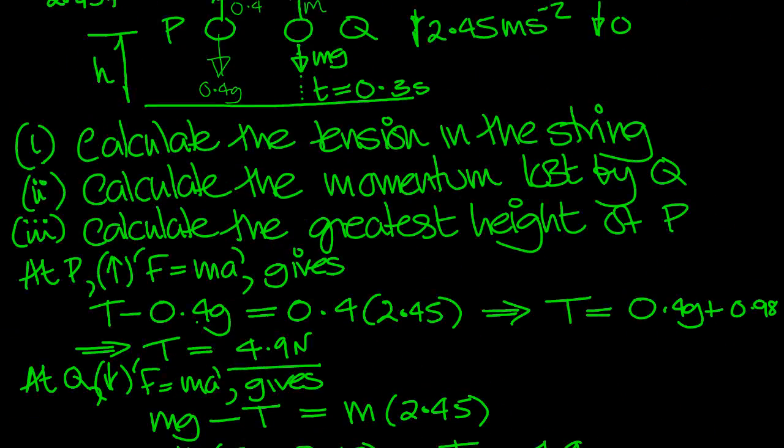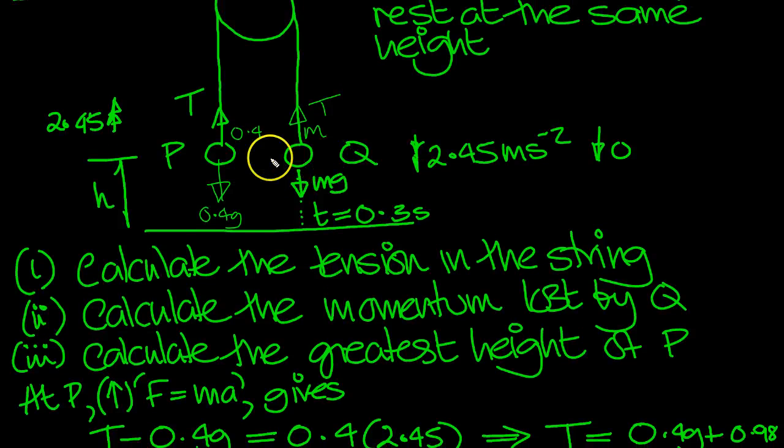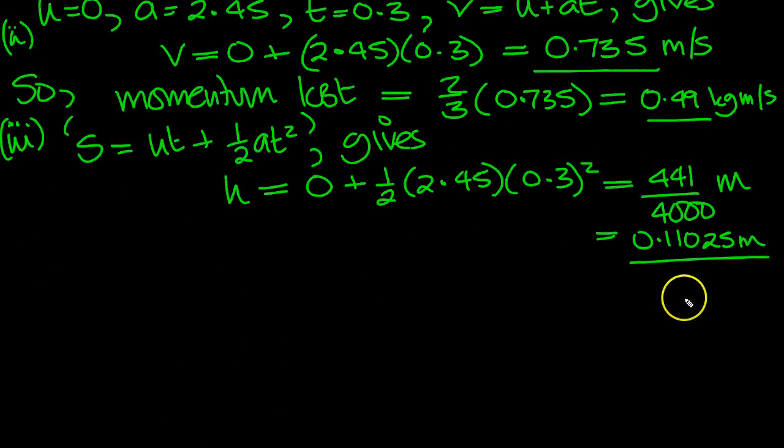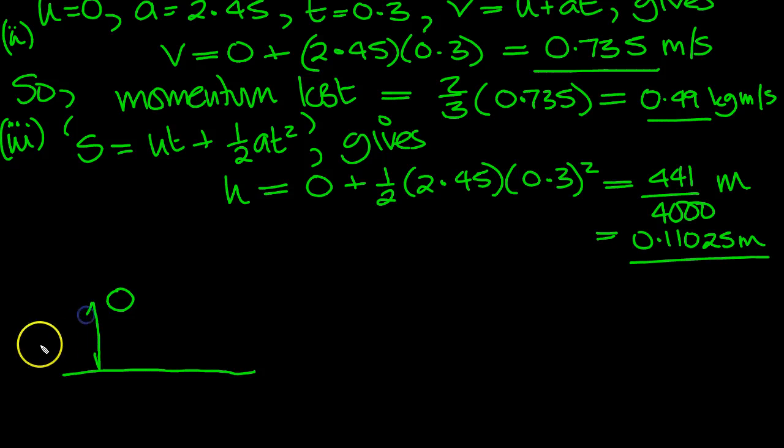So if we look back at our diagram then, P will ascend that amount as Q falls. So let's draw a fresh picture. So we've got P here. This distance here is 0.11025, and this is P, and it goes up to here, and this is another 0.11025, because Q falls 0.11025 as well, so P will rise that much again.